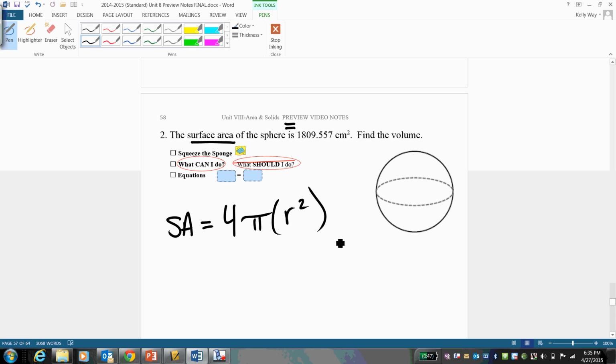But we actually have the surface area. It says it is that. So our surface area is 1,809.557 centimeters squared. We want to find the volume. Remember, the only thing you need is the radius. Problem is we currently don't have it. But let's look at what we do have.